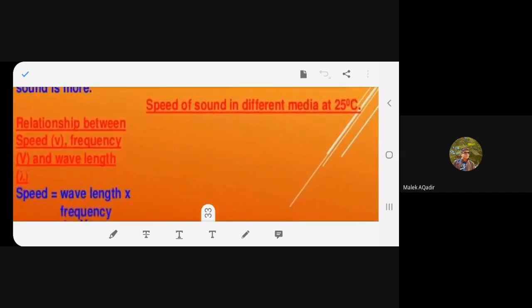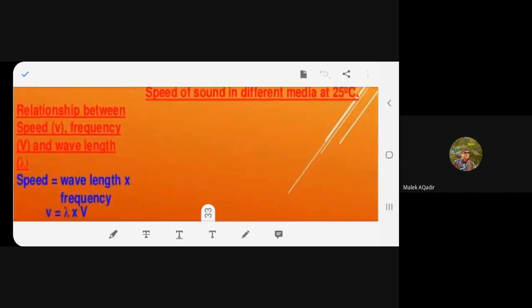What is the relationship between speed, frequency, and wavelength? So what is it, beta? Let's see this relation between speed v, frequency nu, and wavelength. Speed is v, wavelength is lambda, and frequency is nu.